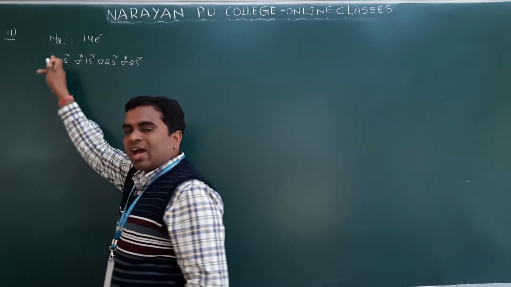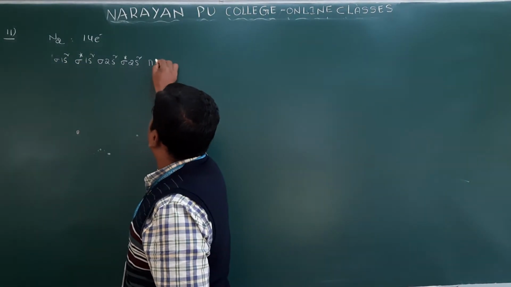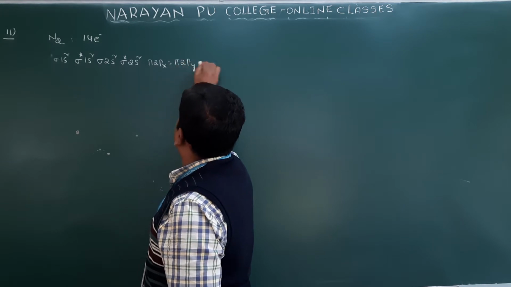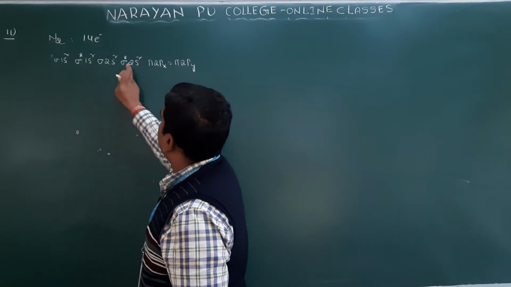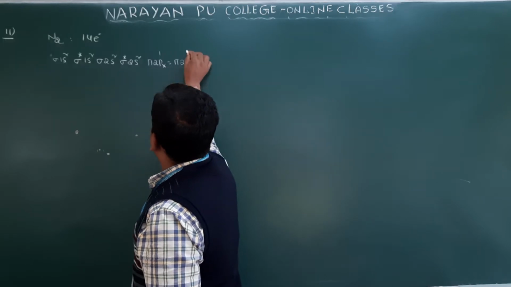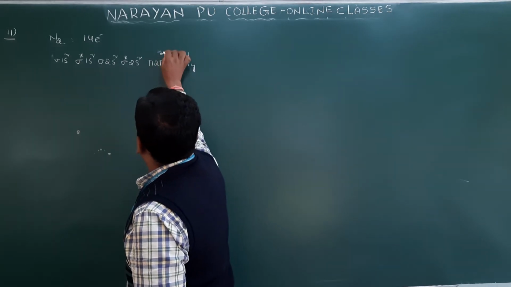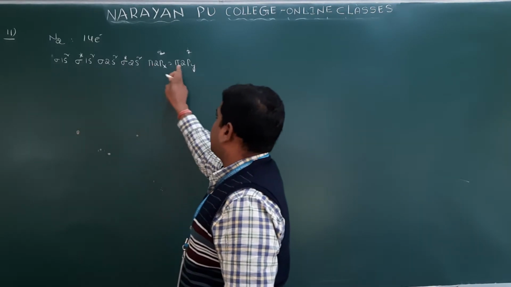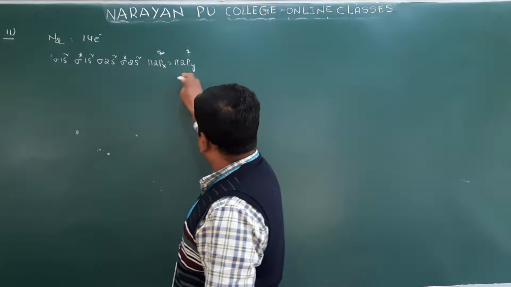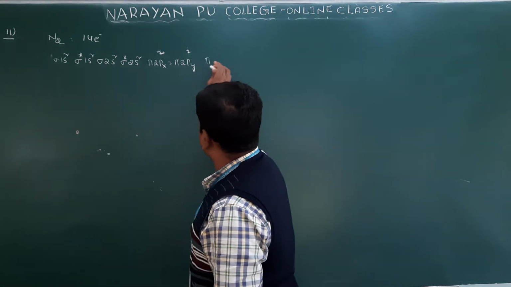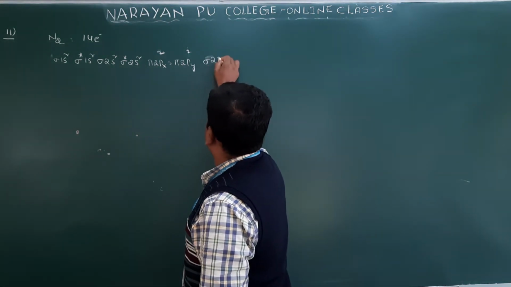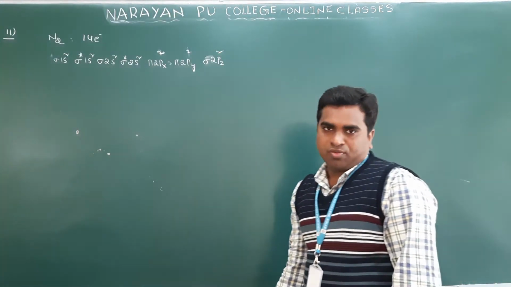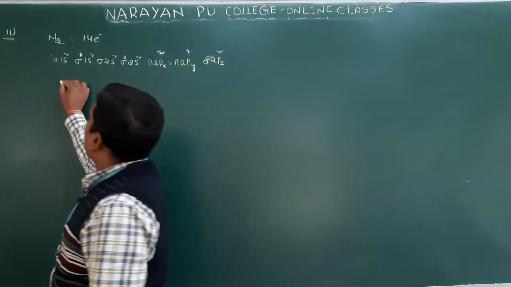For 14 or less than 14, first comes pi 2px equal to pi 2py. Up to here 1, 2, 3, 4, 8, 9, 10, and again another electron. Up to here it is 6 2s are 12. And next it will come, sigma 2pz, and here 2 electrons. This is actually the electronic configuration.